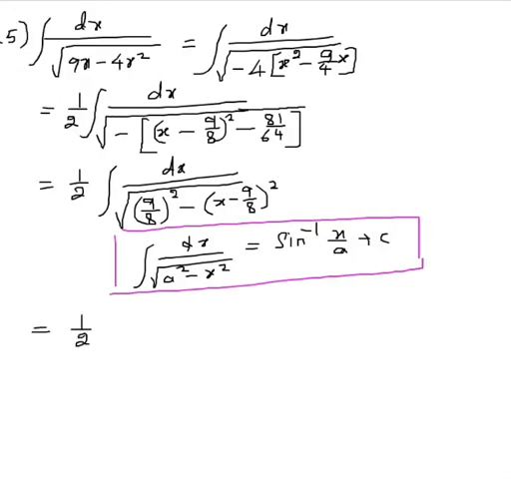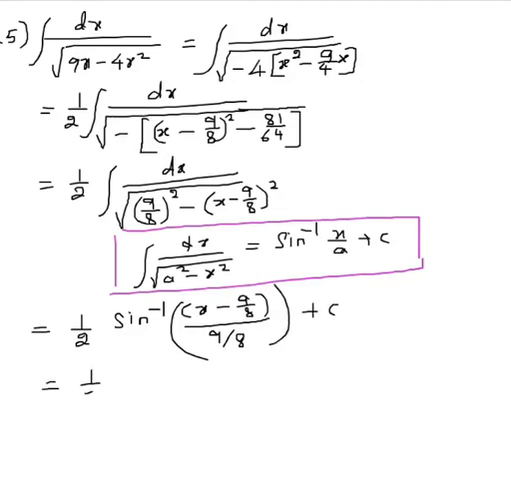Therefore, the answer is half into sine inverse of x, in this case x minus 9 by 8, divided by a which is 9 by 8, plus c. Take LCM 8 and simplify. Half into sine inverse of 8x minus 9 by 9 and plus c. The correct option is B.